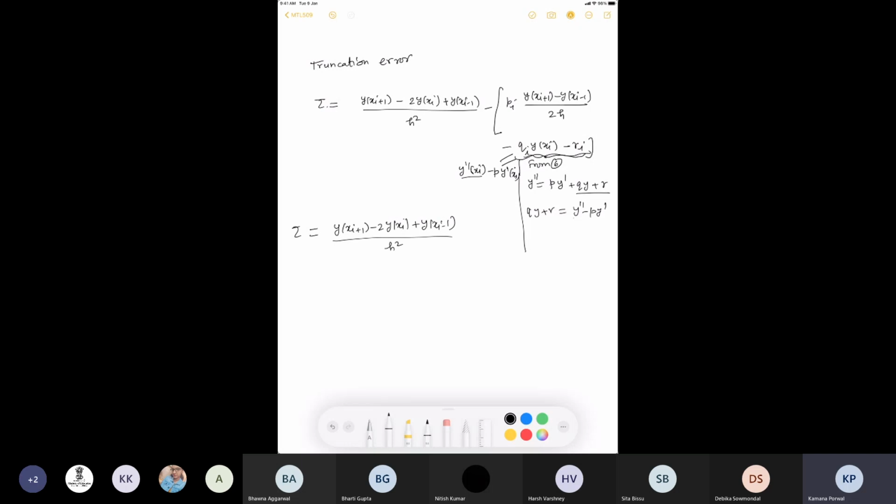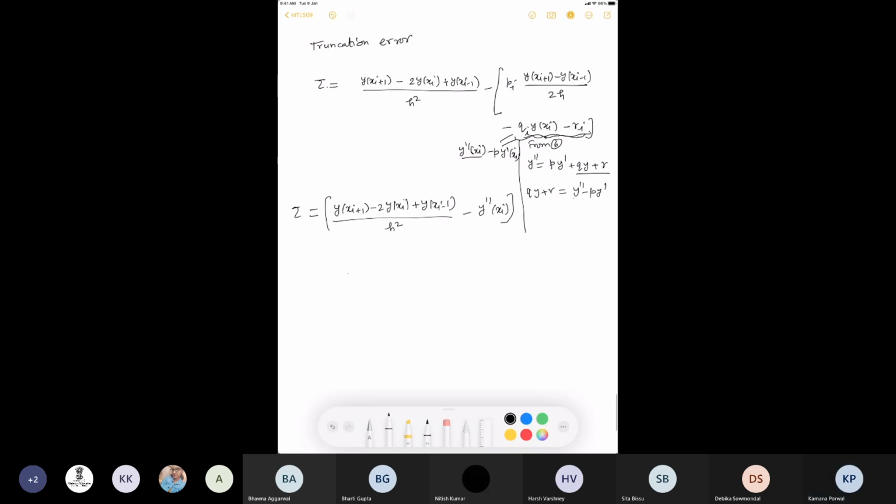This y double prime I'm taking with this term, so this is y double prime at x_i. And then I have this term, minus p_i times y at x_{i+1} minus y at x_{i-1} divided by 2h, and this term I'm combining with p_i, so this is going to be minus p_i y prime at x_i.